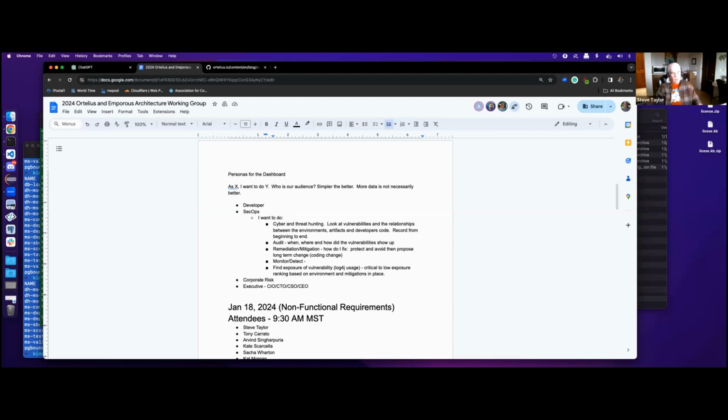So Sergio, you said scanners. They usually scan application code and dependencies, then operating system, and then infrastructure. Those are probably the three most common layers.